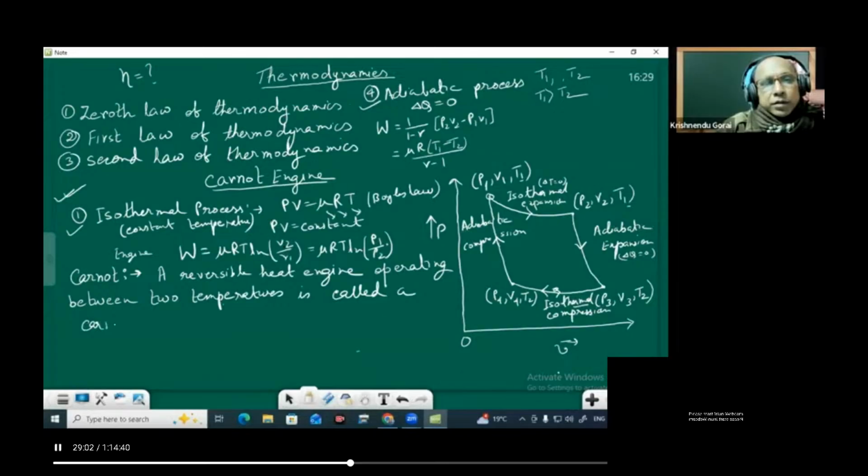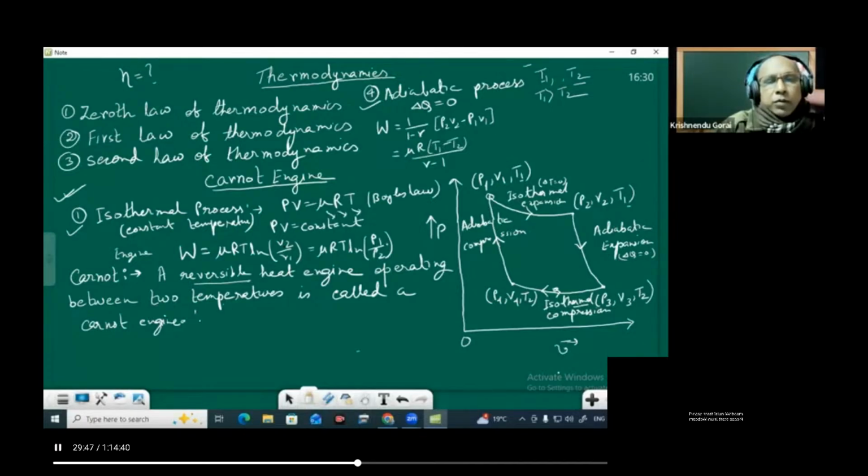That is important. The first temperature T1 is the temperature of the hot reservoir, and the other temperature T2 is the cold reservoir. You have to remember these two temperatures. So the Carnot engine should be reversible. This is the definition of a Carnot engine.